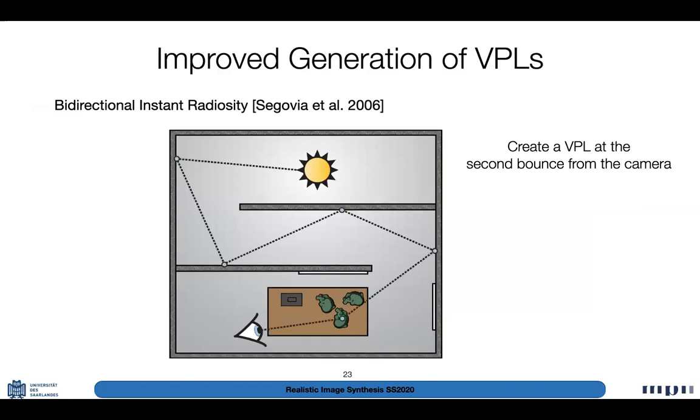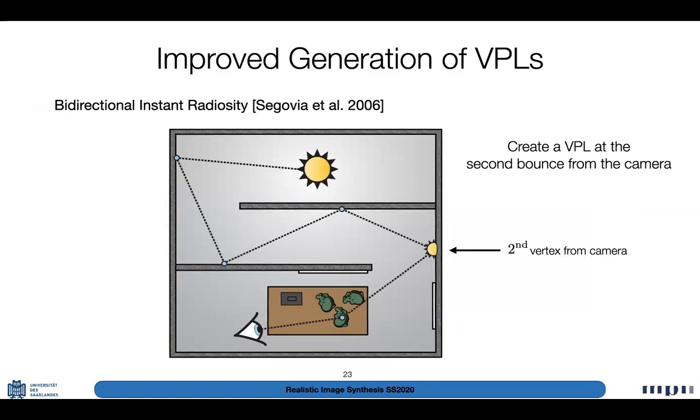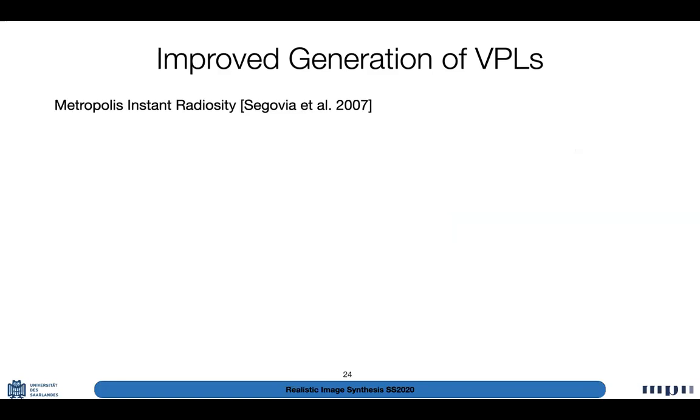Just like in a bidirectional approach, you generate a path, and for the camera path, at the second vertex, they treat that as a VPL. They do this for all the paths. Thanks to that, they ensure that the VPLs are generated where the camera could actually see them, or in the vicinity of the camera.